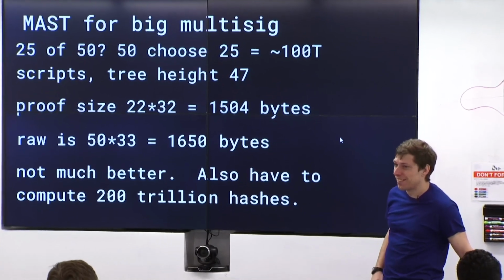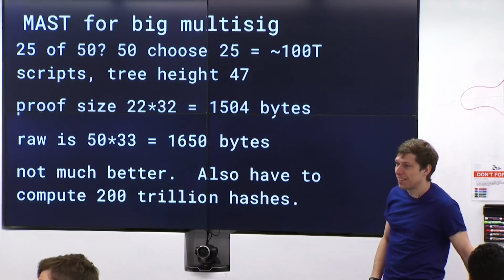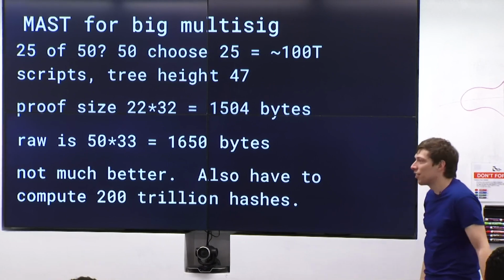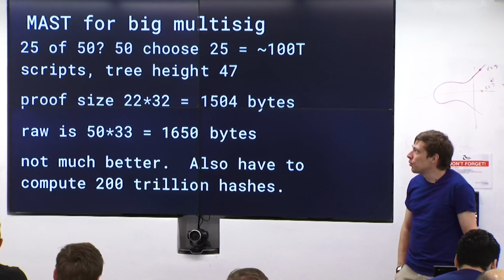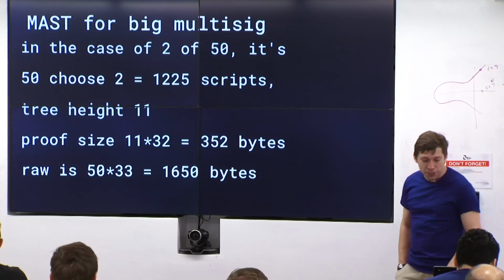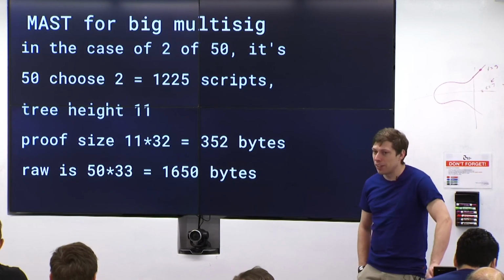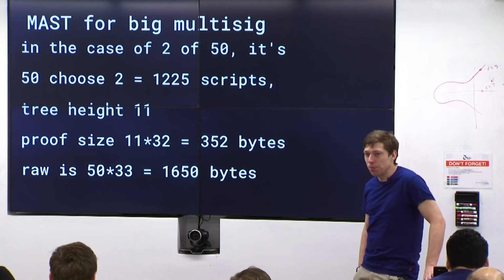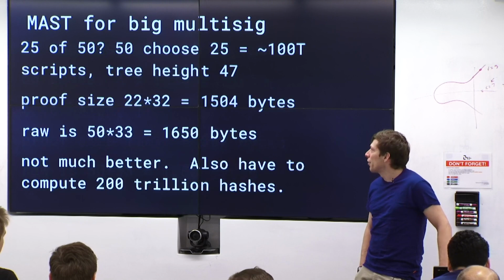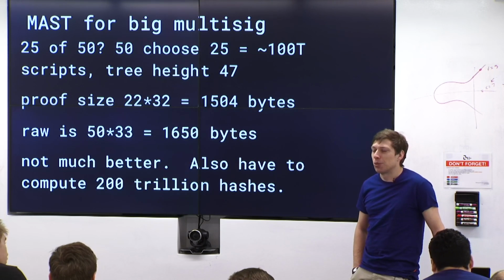Are you going to get into the kind of fungibility issue there? Oh, yeah. Part of it is, compare these two. If I show a tree height of 10 or 11, that's weird. There's like 1,000 different scripts around in this tree. If I show a tree height of 47, that's really weird.